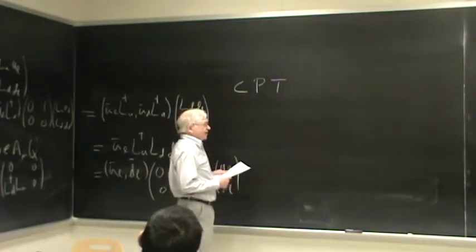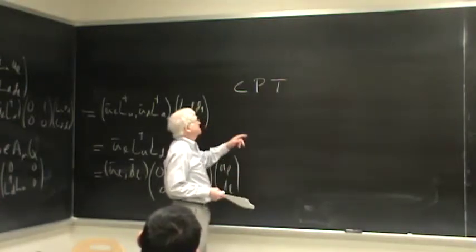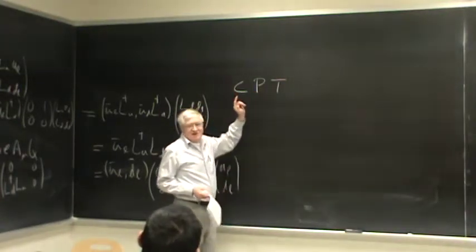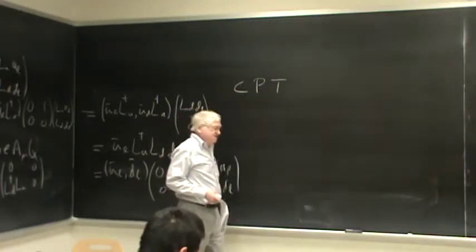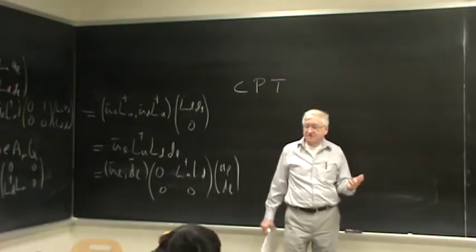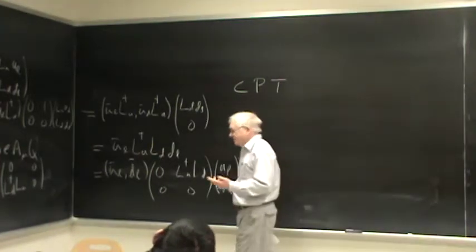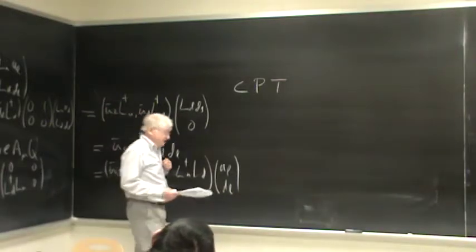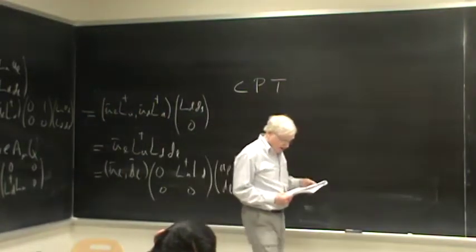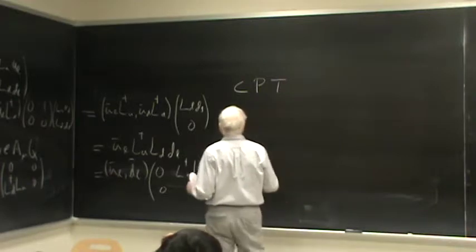And they thought, well, for practical purposes, maybe P is broken in the weak interactions, but surely CP is okay. And so for maybe another 10 years, CP was okay. And then Fitch and Cronin, in some experiments on neutral kaons, showed that CP was not. That was 1964.